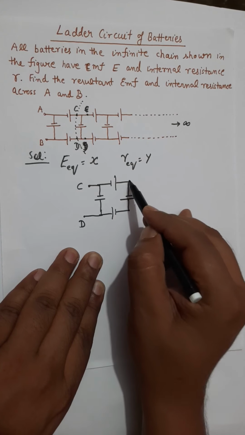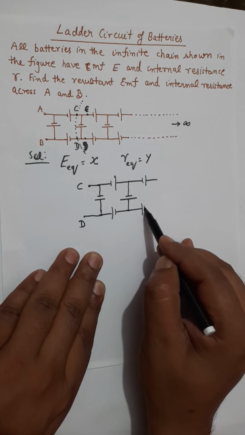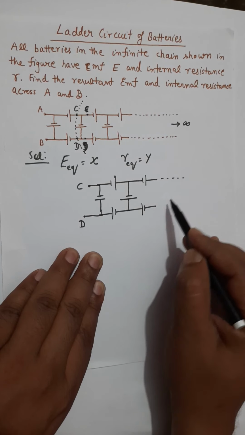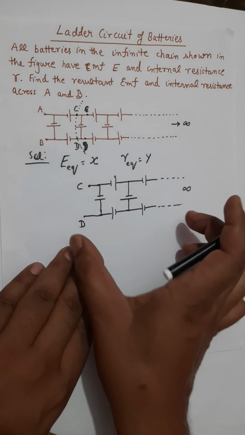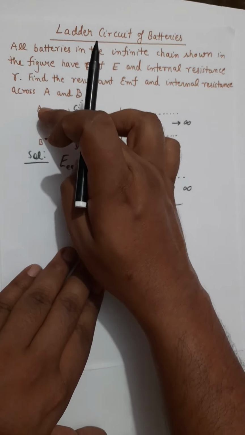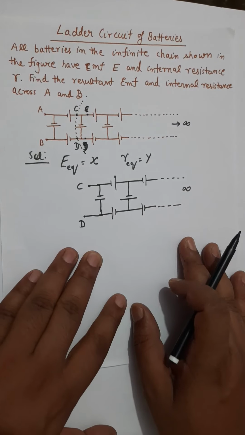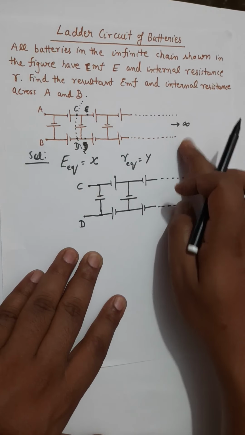So I am drawing the circuit for you. This is the circuit which you have between point C and point D and up to infinity. And this circuit looks similar to the original circuit from A and B. There is no difference between these two circuits, right?